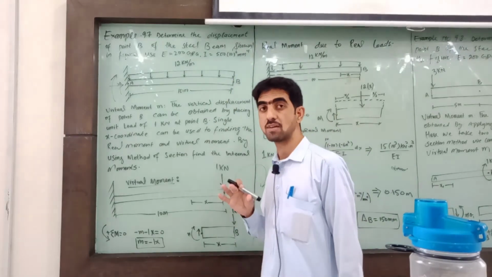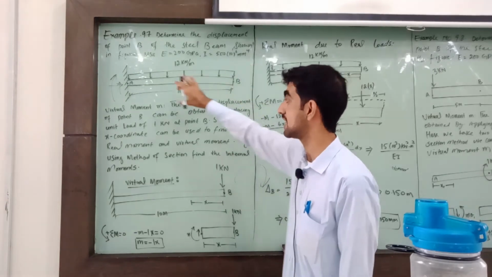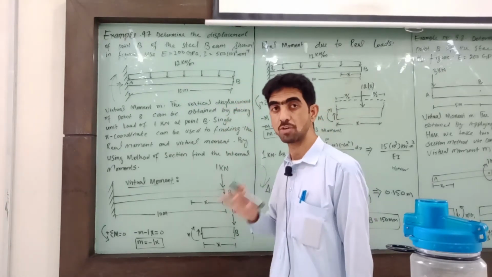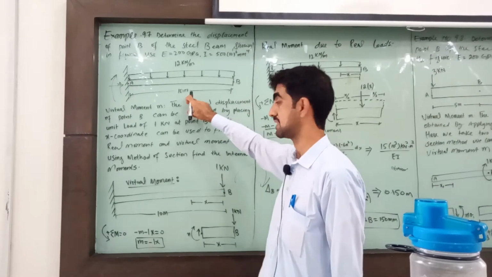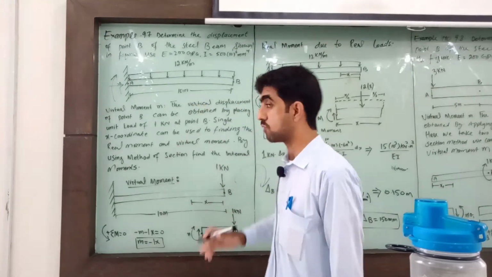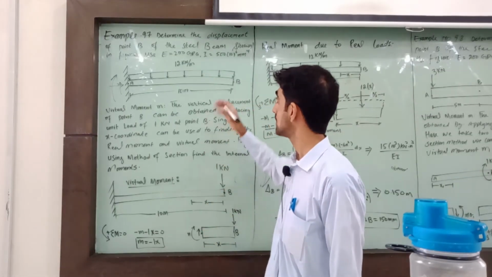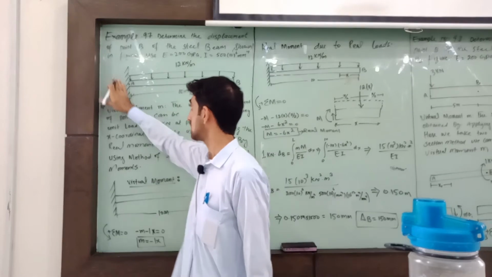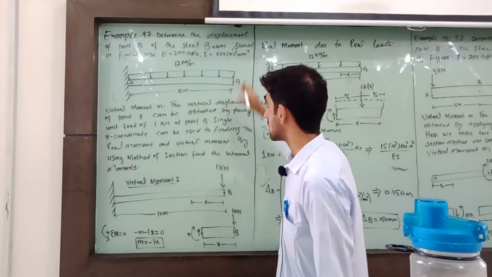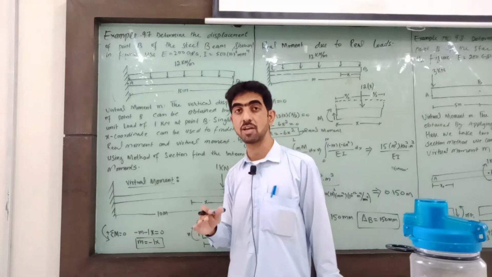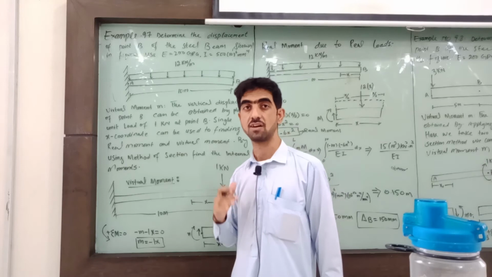In this diagram a cantilever beam is shown. This is the actual beam, the cantilever beam. What is the function of a cantilever beam? In a cantilever beam, one side is fixed and the other side is free.